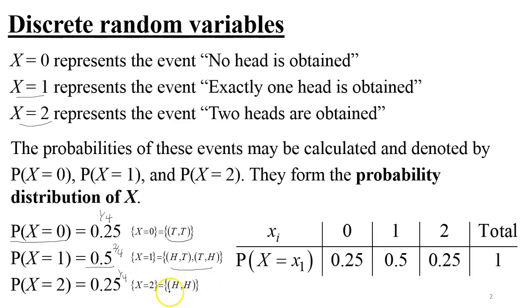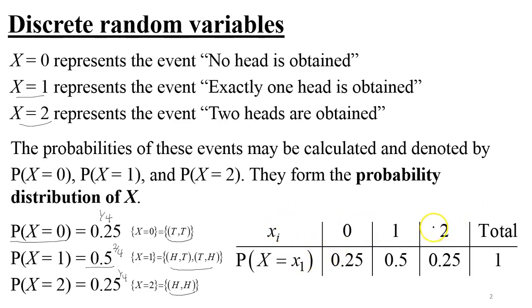Since out of omega, the sample space, we only have one outcome that could give you 2 heads, that's 1 outcome out of 4 possible outcomes. If you look at this table here, this is called the probability law or the probability distribution of the random variable x.